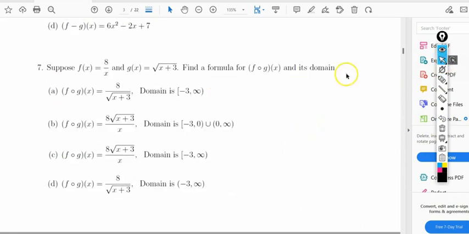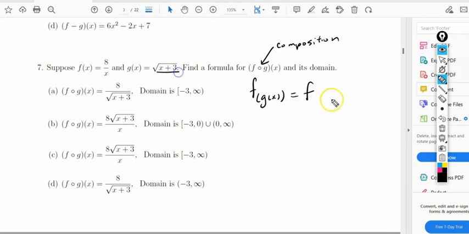All right, now you need to find a formula for f composed with g. This is obviously the composition symbol, not the multiplication symbol. f composed with g is the first one evaluated at the second one. And I have a formula for g.